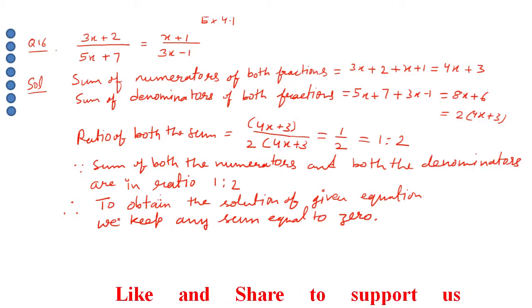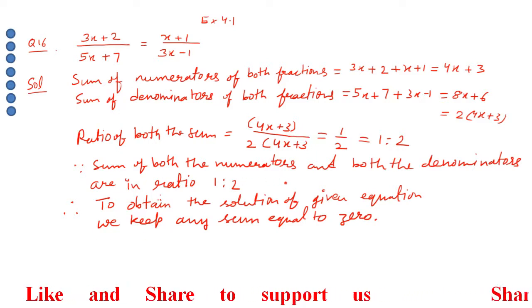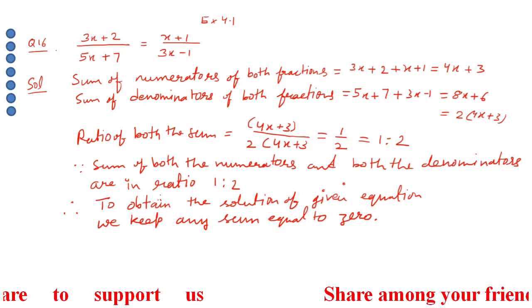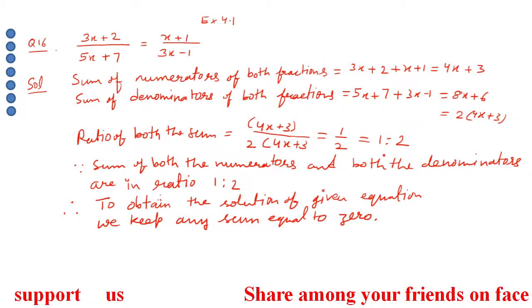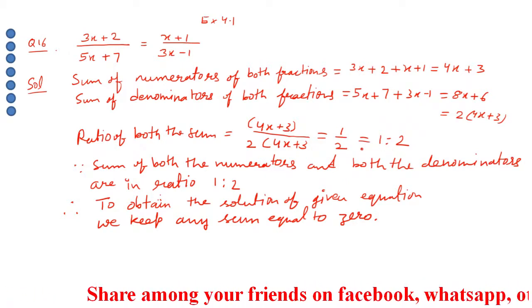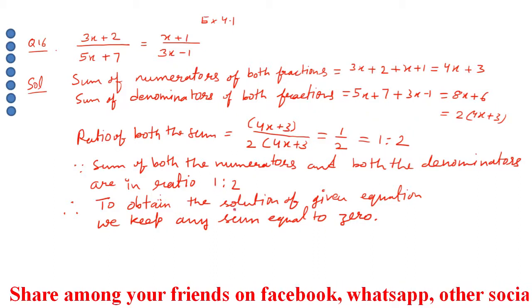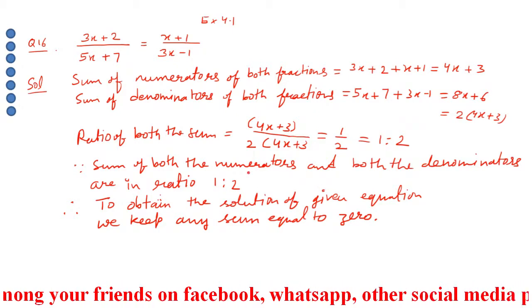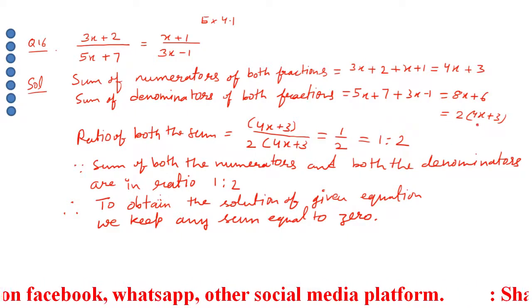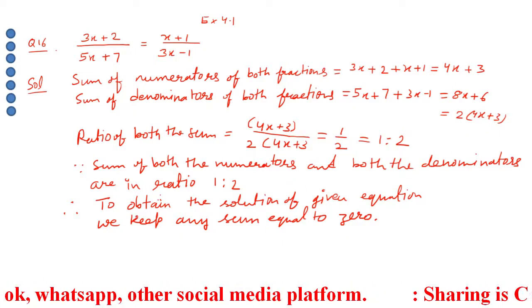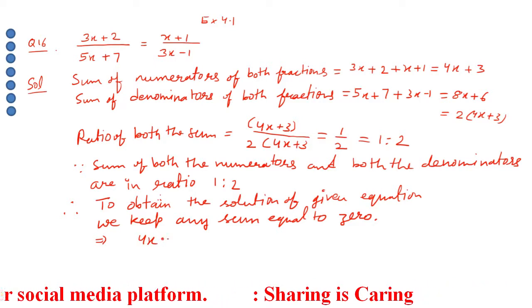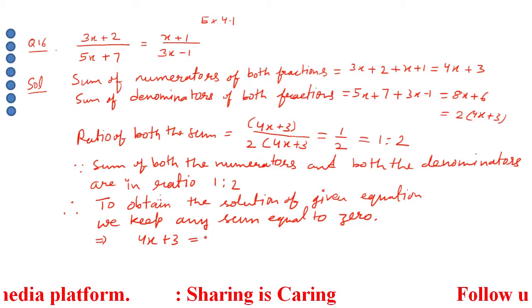The sum ratio is definite, so we keep either of the sums, either 4x + 3 or the other sum, equal to 0. I am keeping 4x + 3 = 0.